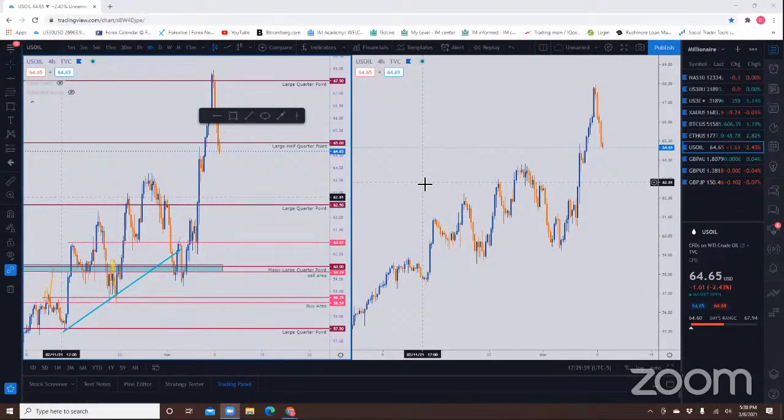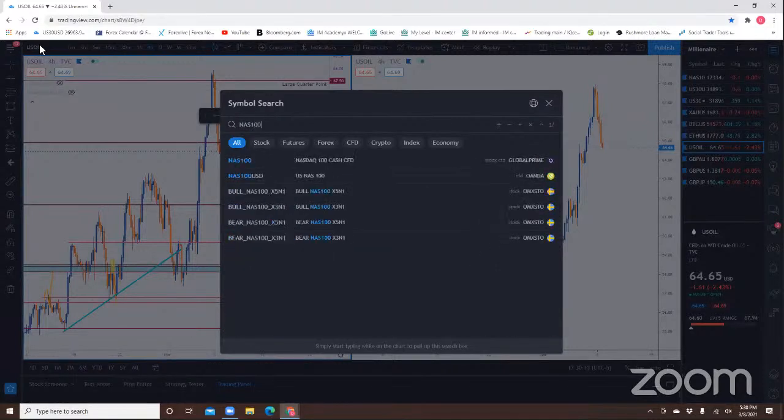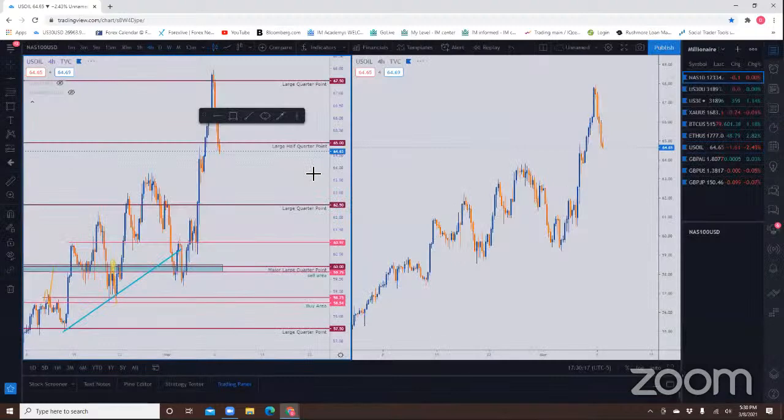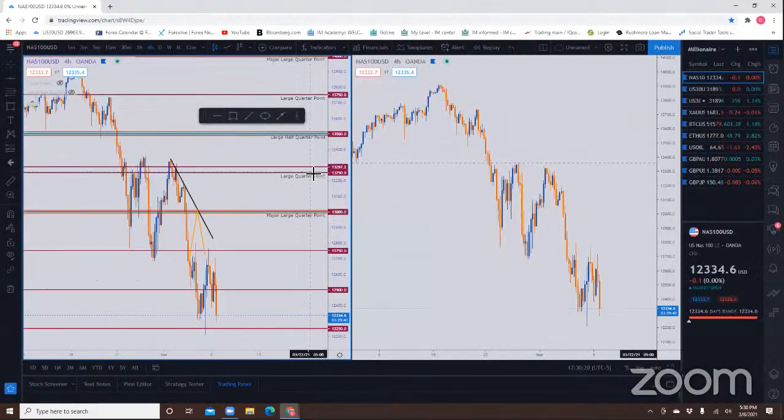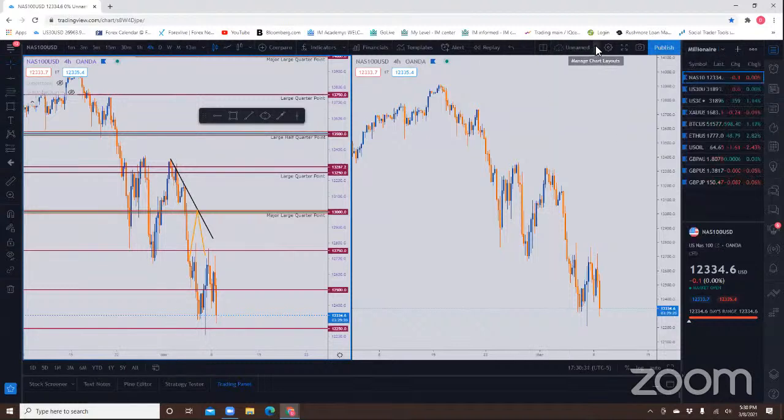It looks like a chain. Yeah, this is supposed to be like that though. Oh, it is? Yeah, that's supposed to be that way. Let's see something. So let's say NAS 100. Yeah, that is weird. We have locked or something.